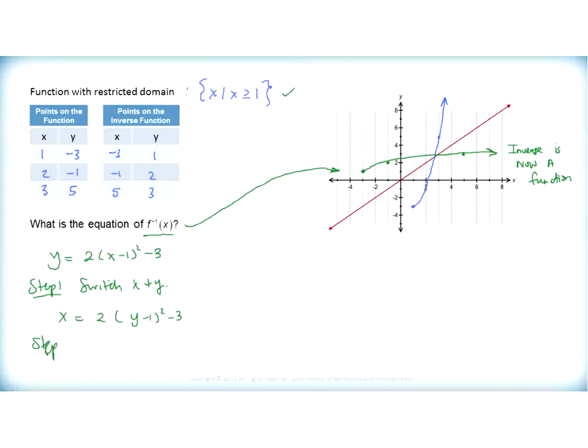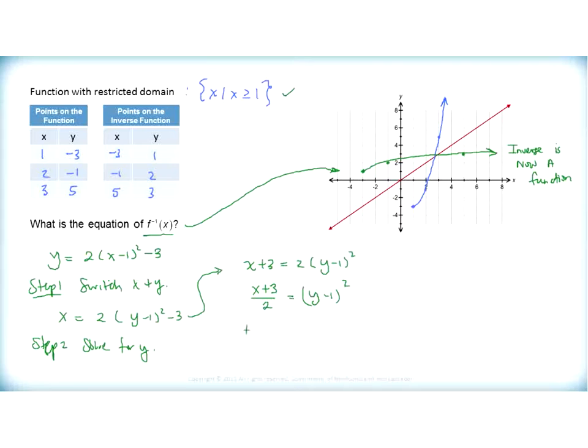Step 2, solve for y. I need to take that equation now and solve for y. Let's do that. Bring the 3 over and say x plus 3 equals 2 times (y minus 1) squared. Divide both sides by 2. (x plus 3) over 2 equals (y minus 1) squared.